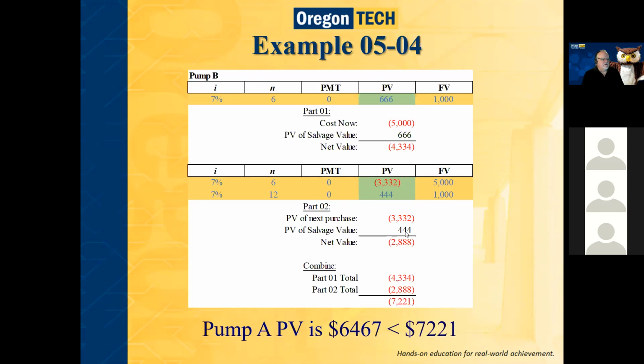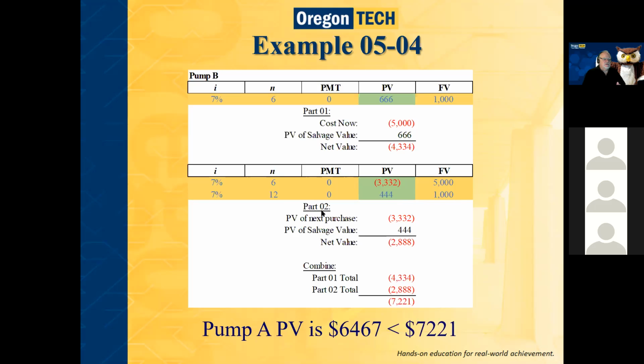The present value, discounting that $1,000 I'm going to sell the second machine for over 12 years. Because remember, at the end of getting it back to 12 years, I had the first 6 years on the $5,000 machine, another 6 years of $5,000 machine, selling the same $1,000 salvage value. The present value of that is $444.